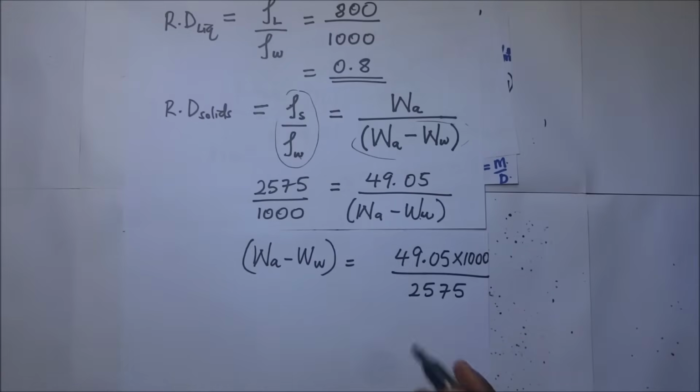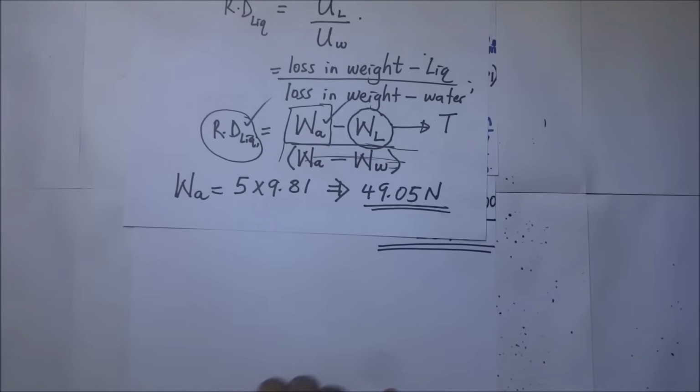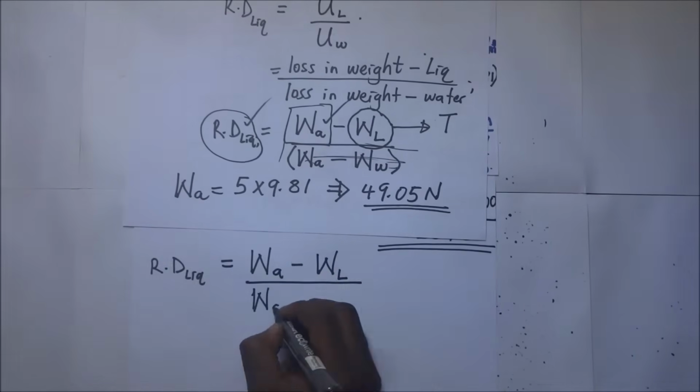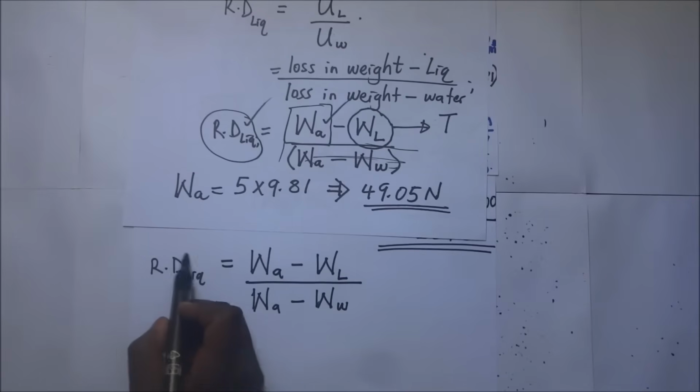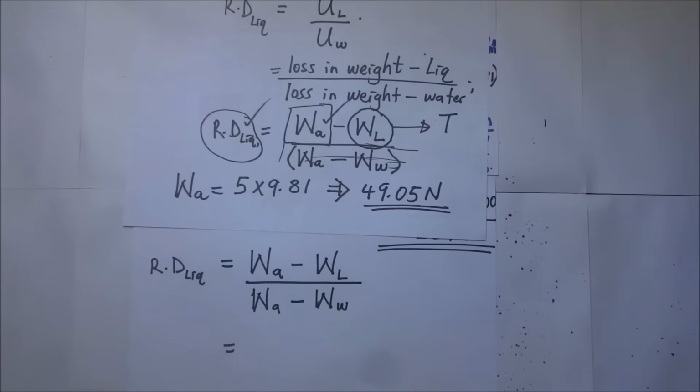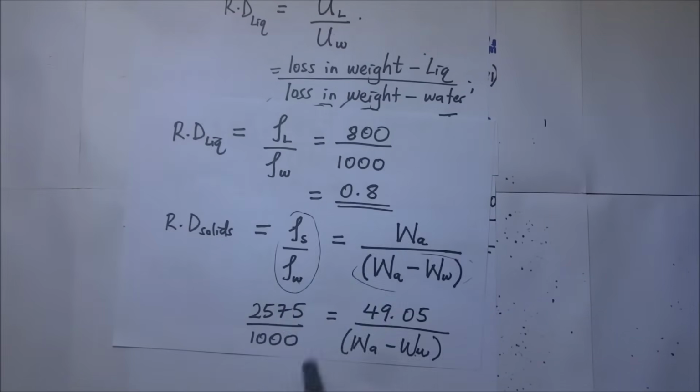Divided by 2575. So now that we've got the expression here, we go back to our original expression. Let me write it here. We already got our relative density of the liquid as 0.8.